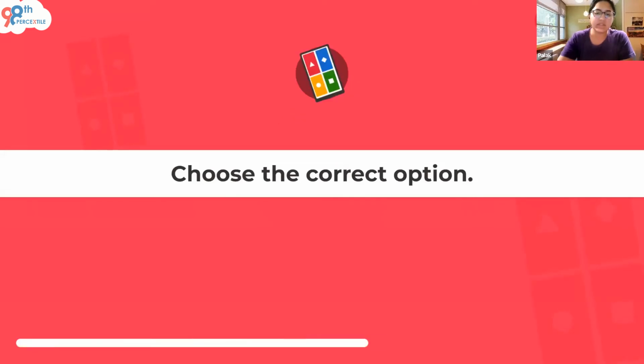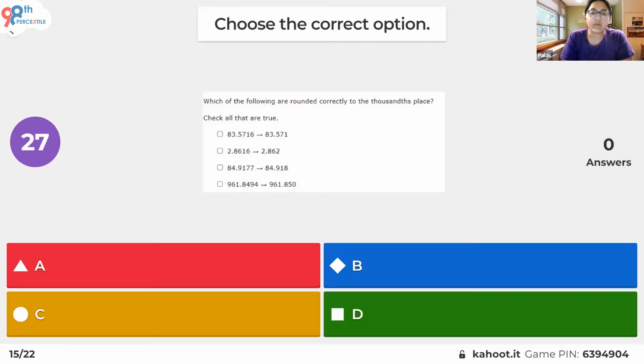Try and find the answer for this, everyone. Which of the following are rounded correctly to the thousandth place?